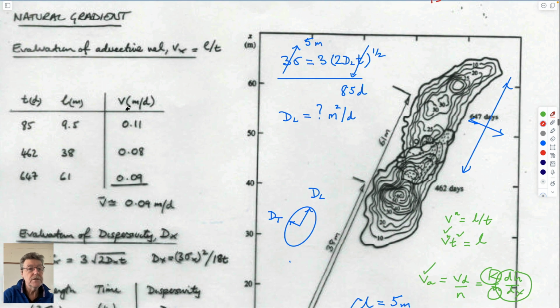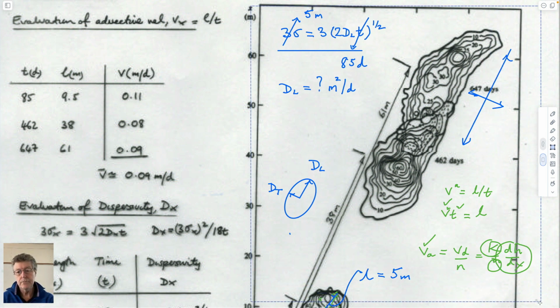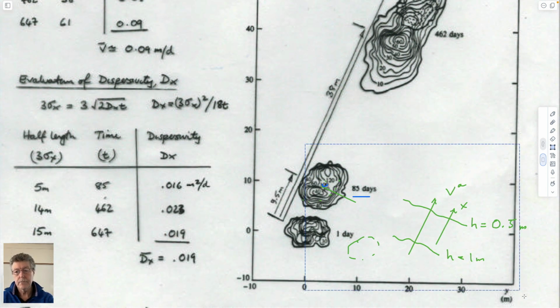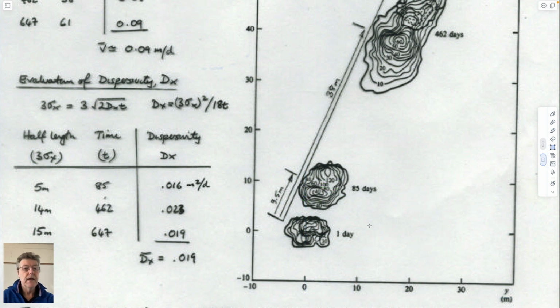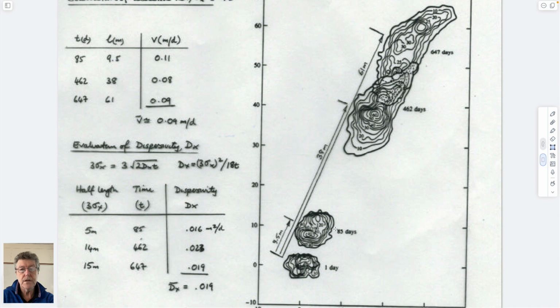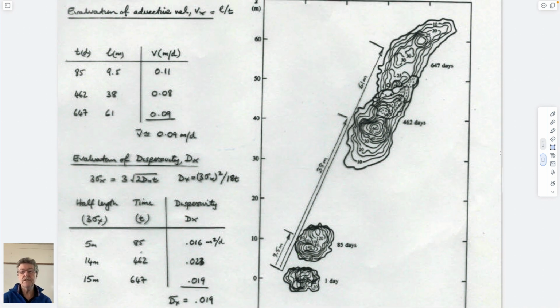So what we could do is use a natural gradient experiment. I scribbled on this last time, so I'm going to take these scribbles off. We could do an experiment like this, and we talked about it. What did we say?